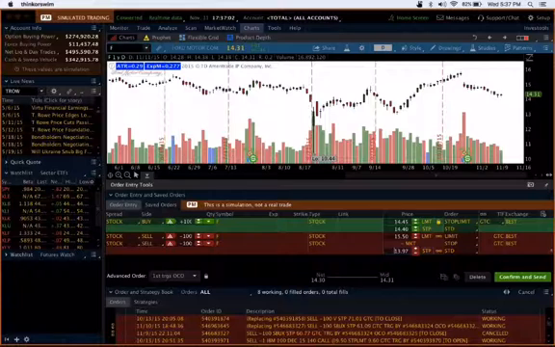So now the risk, worst case scenario, is 14.45 minus 13.97, which is, what are we looking at there? 48 cents. So 48 cents risk, which is greater than 1 ATR. You typically need to be at 1.5 ATR for a stop loss on this type of trade.